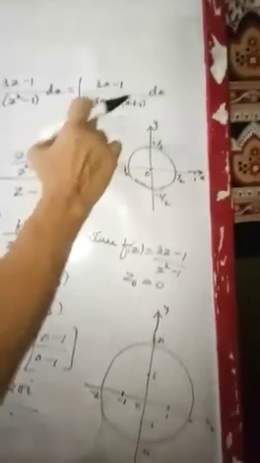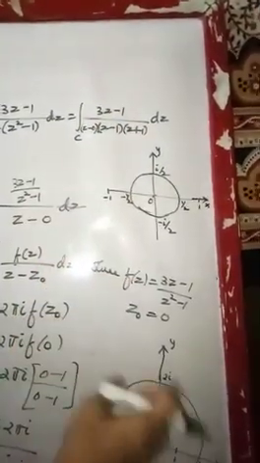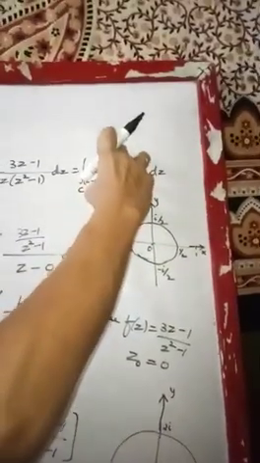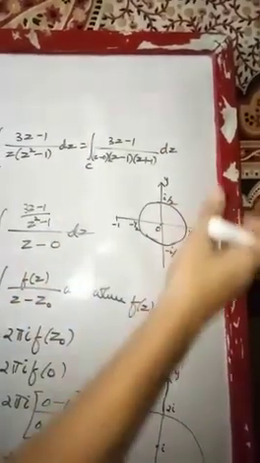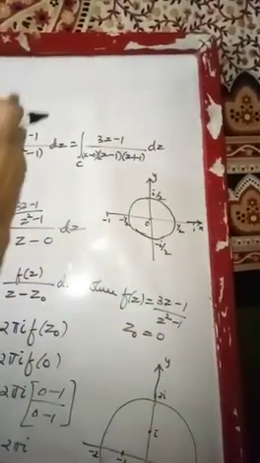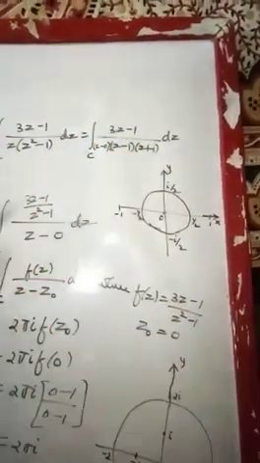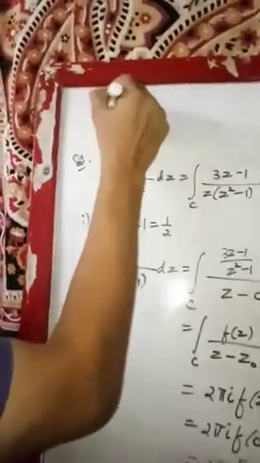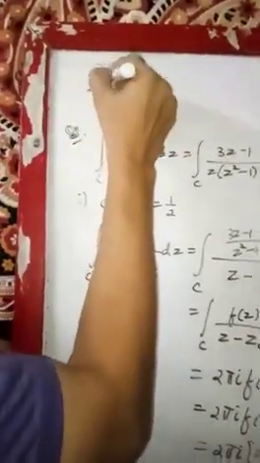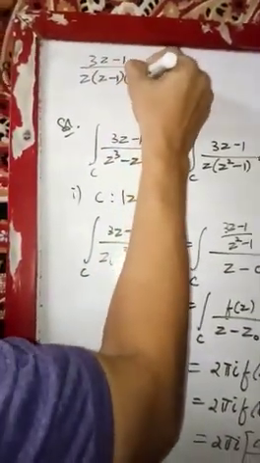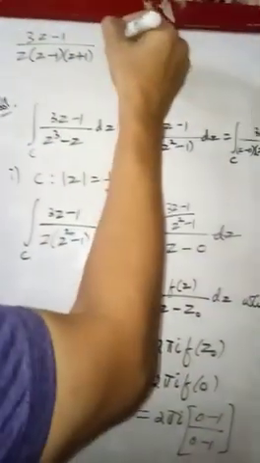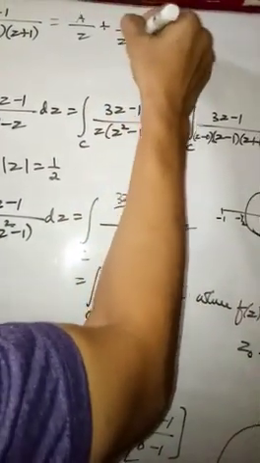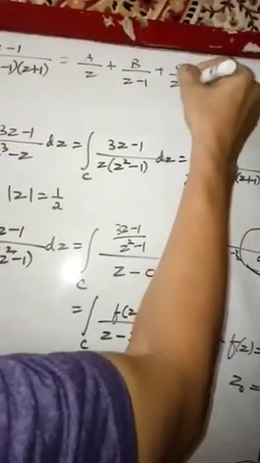If more than one z naught lies inside the given circle, how to solve this type of problem means, you have to take this fraction separately, resolve into partial fractions, then use Cauchy integral formula for each and every integrand. So I am taking this fraction separately now. (3z minus 1) by z into (z minus 1) into (z plus 1). Resolve into partial fractions. This you know that a by z, b by z minus 1, c by z plus 1.